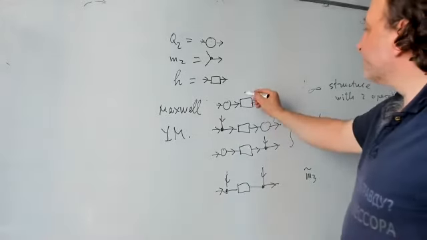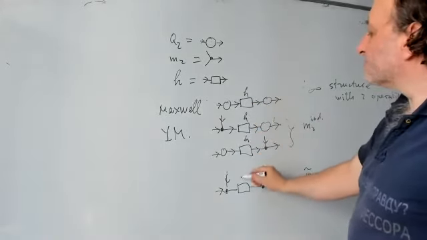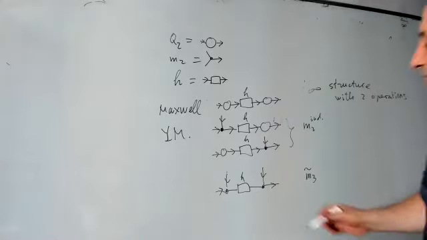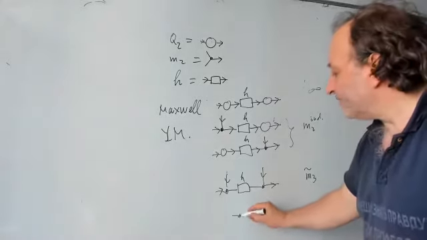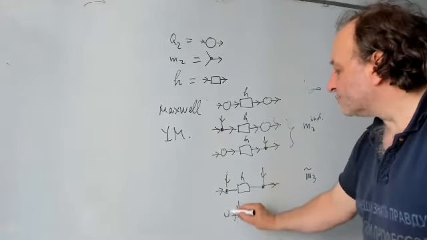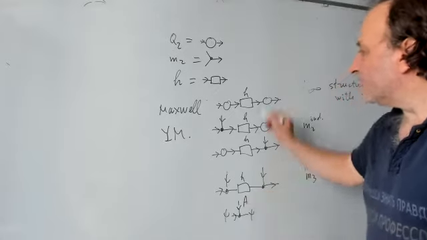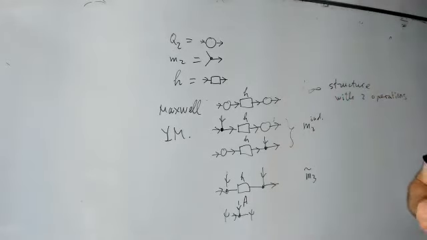Okay, so it is homotopy here. So that's how we get super Yang-Mills. So this is super Yang-Mills coming out of homological algebra.